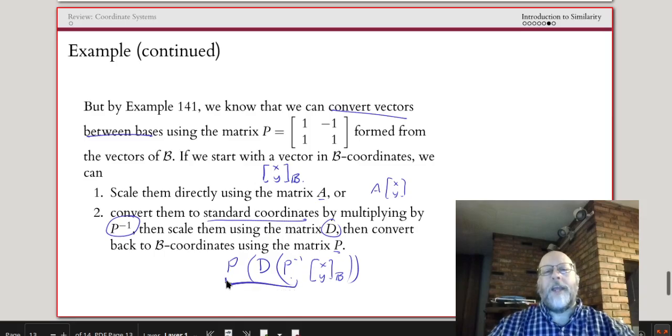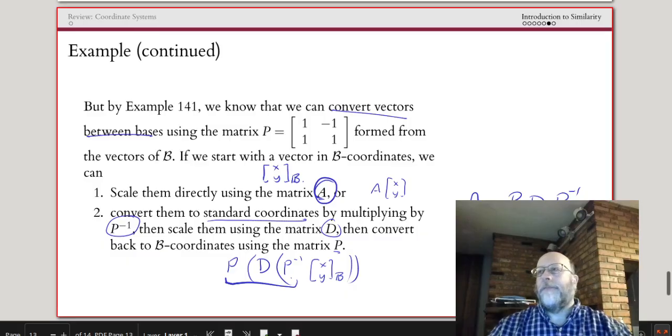And this combination should do exactly the same thing that A does. In other words, A and this combination give me the same answer.